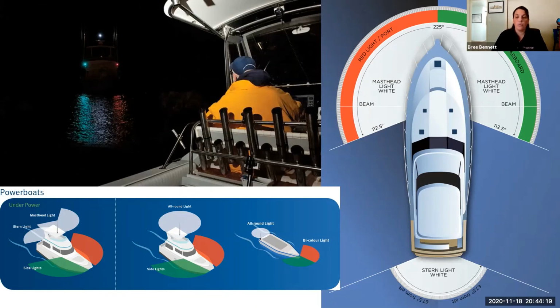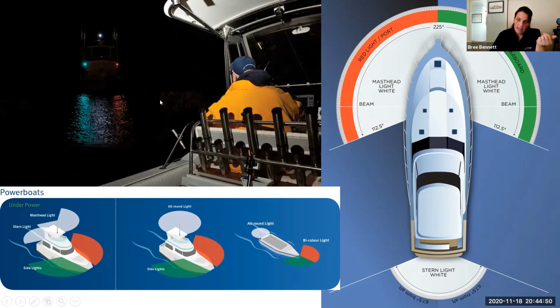If you see a green light only, that means you have the go ahead. Green means go. You can continue on with your course and speed. If you see a red light only, that means stop. You are the burdened vessel and you have to give way to the other vessel. If you see both, that means both of you need to give way. That's a head-on situation and you both need to turn.